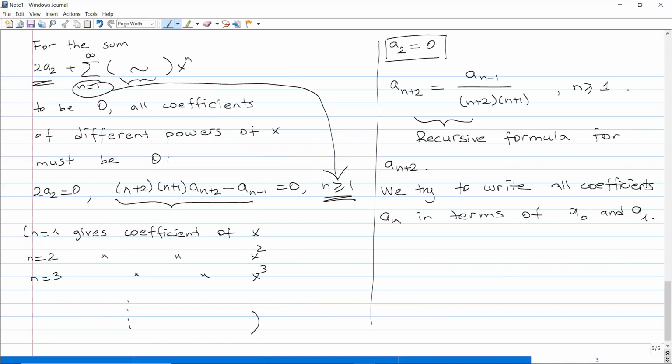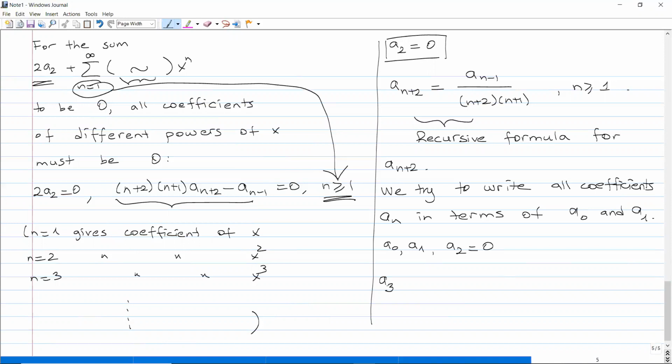Because for recursive formulas, we cannot solve them explicitly. We need a starting point. For the starting point, we need two coefficients, a0 and a1. Okay, so we have a0, a1. We already figured out a2, that has to be 0.